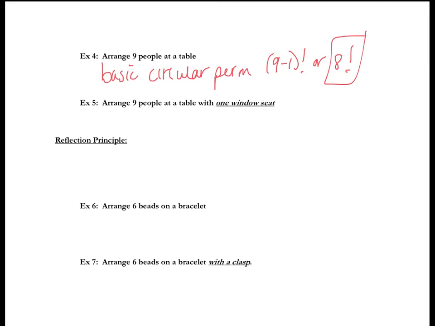Now in example 5, we are going to arrange 9 people at a table with 1 window seat. Now this is very important. This right here gives us a fixed reference point.